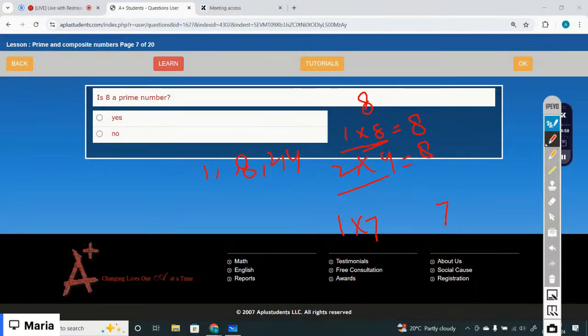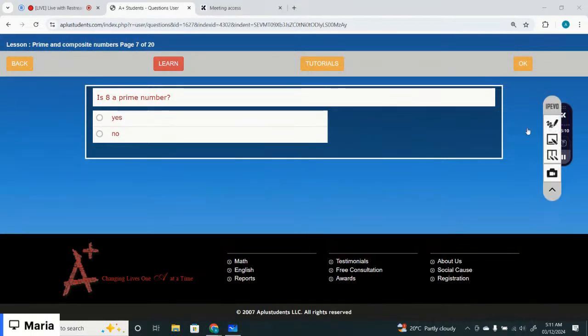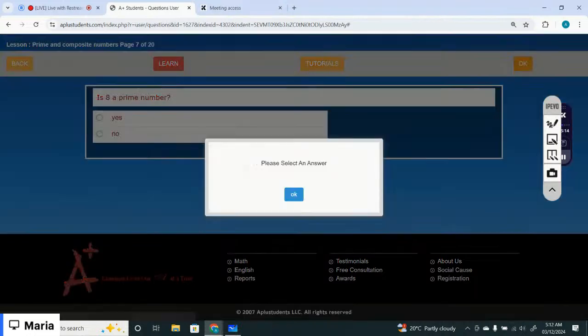Got it? So if the number has only two factors, 1 and the number itself, then that is prime. And if the number has more than two factors, then that is a composite number. So is 8 a prime number? No, it is not a prime number because 8 has more than two factors.